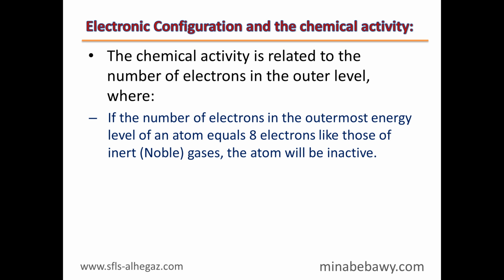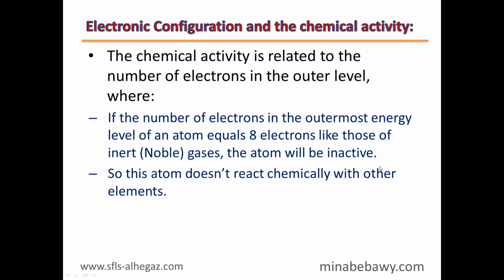If the number of electrons in the outermost energy level of an atom equals 8 electrons, like those of inert or noble gases, the atom will be inactive or stable. So this atom doesn't react chemically with other elements because its outermost energy level is completely filled with electrons.